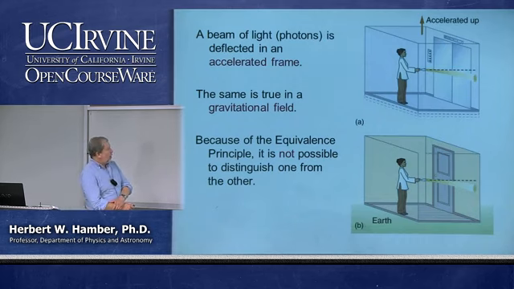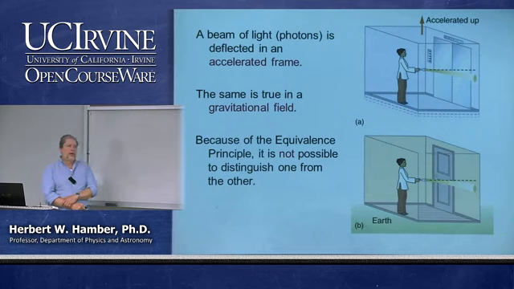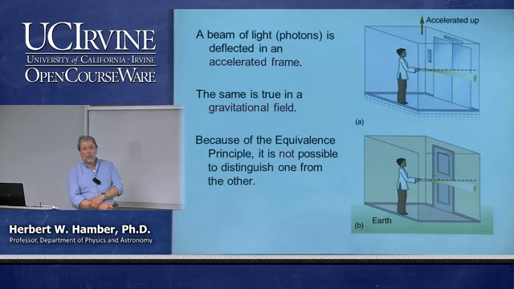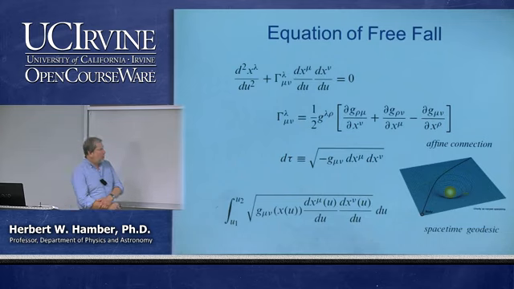If there is a gravitational field, light will be deflected down because it carries energy and momentum, and so will be affected by the gravitational field. The beam will bend down, and if you have an accelerated frame, light will be bent the same way because of the principle of equivalence. So you will have the same effect happening in both instances.